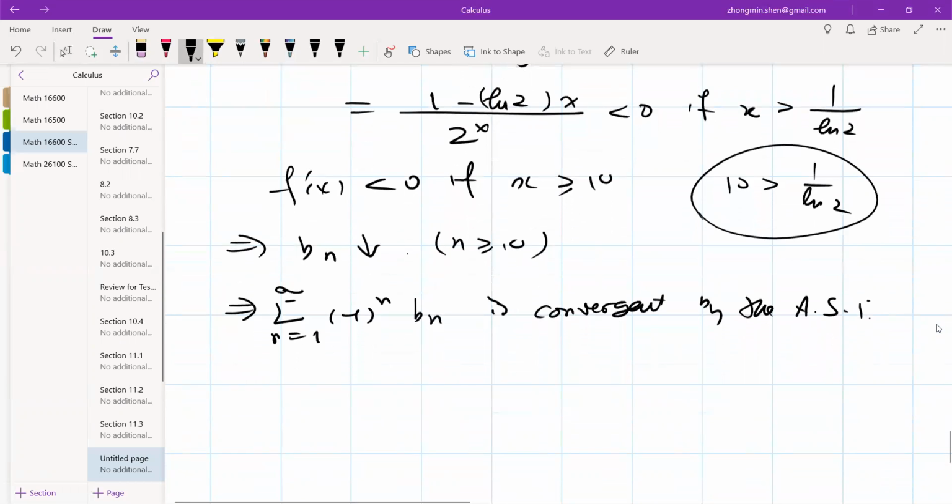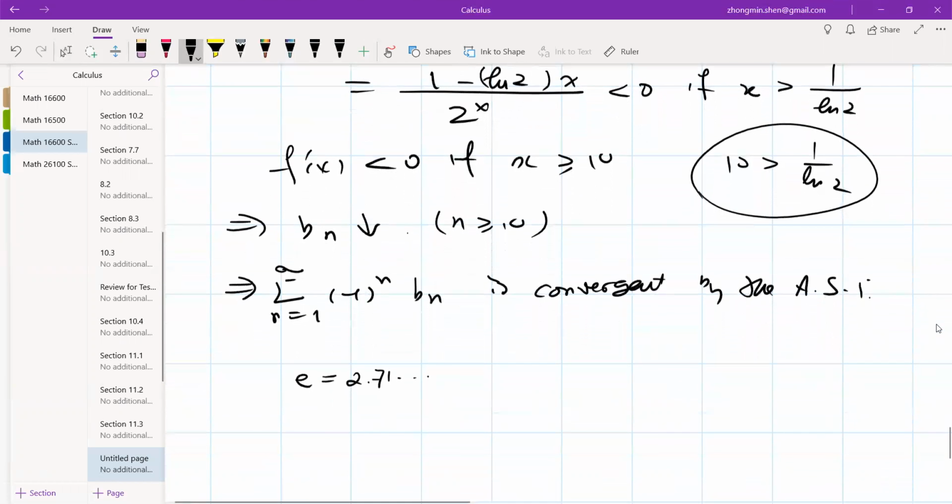I know e is a good number, right? e is going to be 2.7. Okay. I have to find the lower bound for natural log of 2. So 2 is greater than, cannot be greater than e. How about greater than square root of e? That's true, because when you square it, 4 is greater than e.